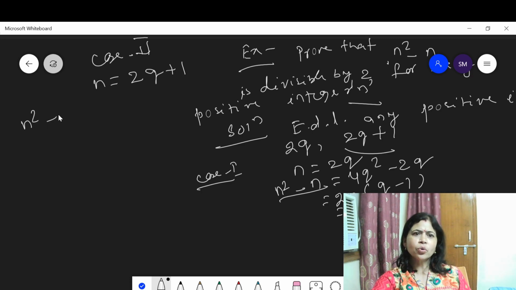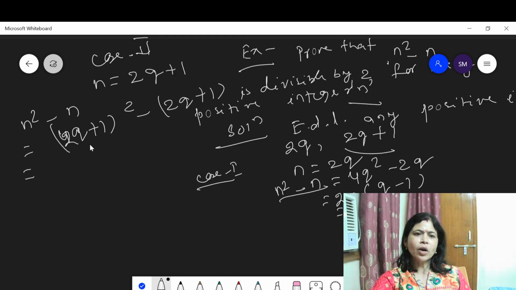Then n square minus n is equal to 2q plus 1 whole square minus 2q plus 1, which is a plus b whole square, a square plus b square plus 2ab, minus 2q minus 1, plus 1 minus 1 cancels.